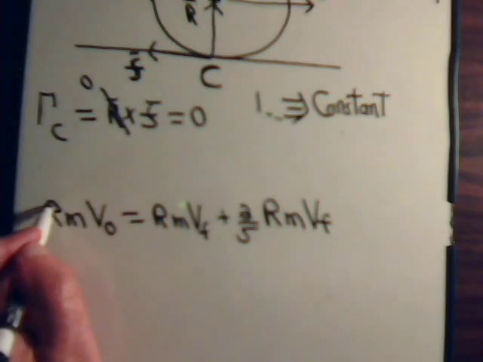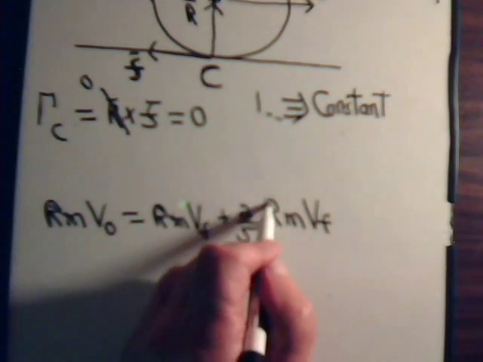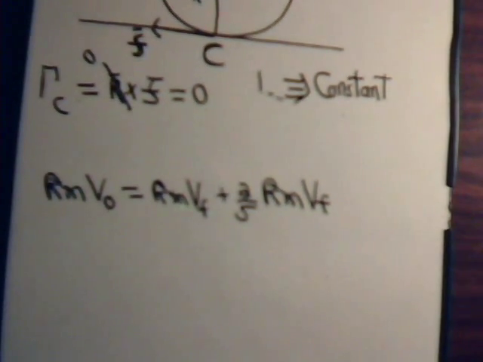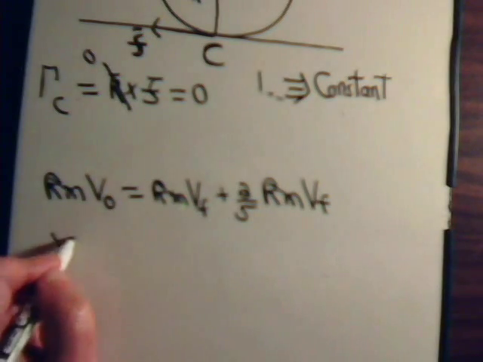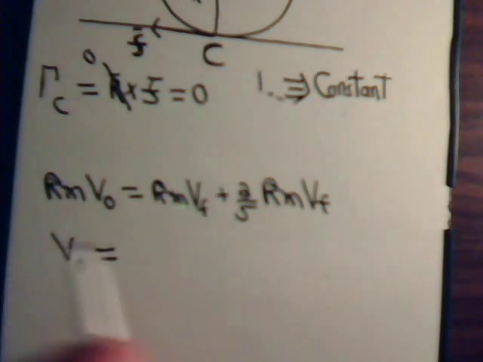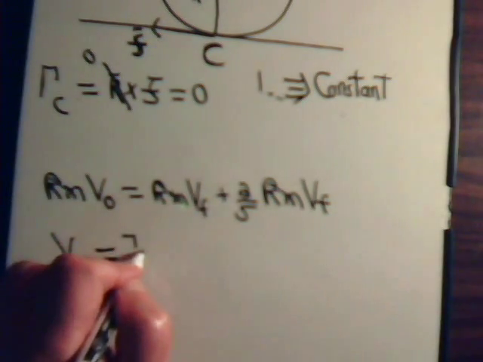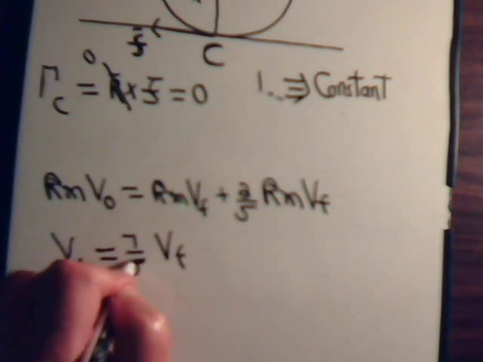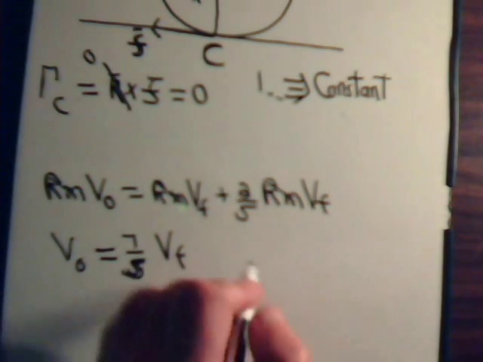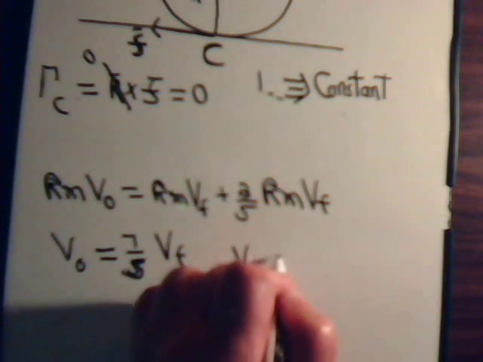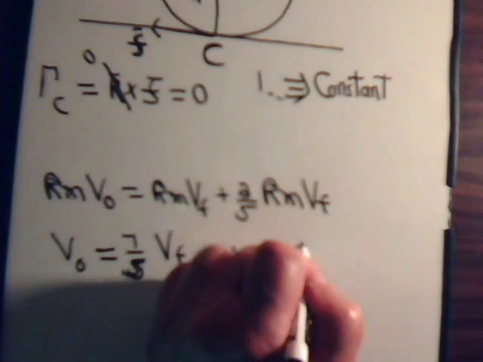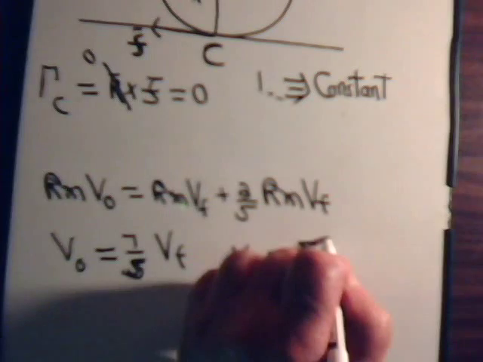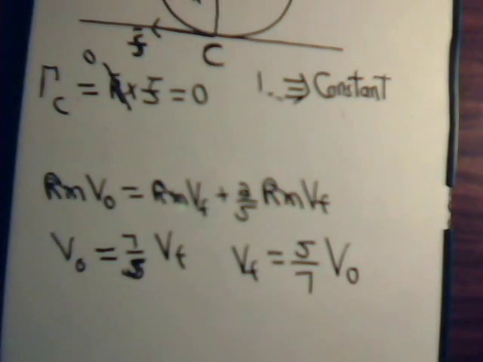So this, and this cancel, and we have V naught equals 5/5 plus 2/5 equals 7/5 times V final, or V final equals 5/7 V initial.